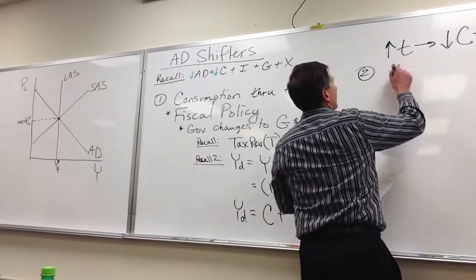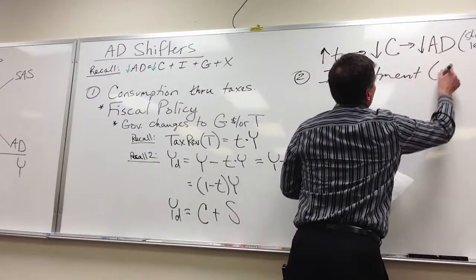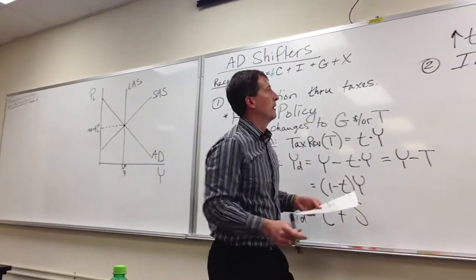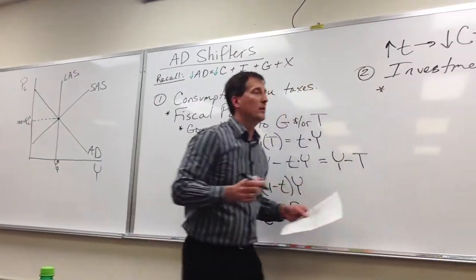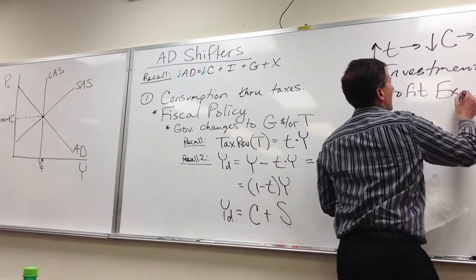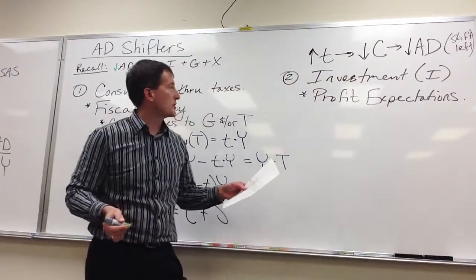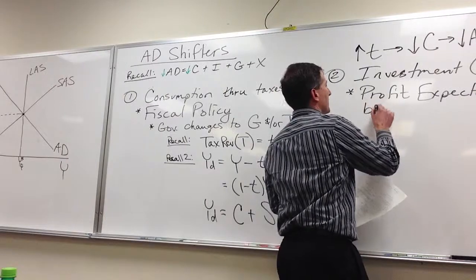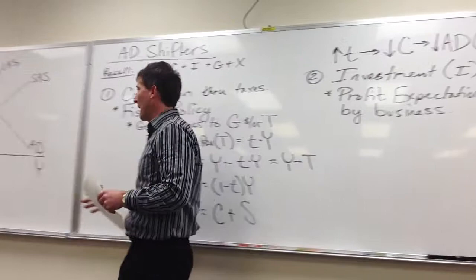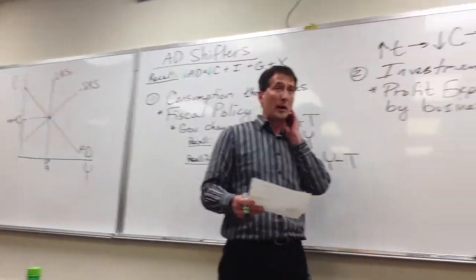We've got investment is next on our cigarette list. The key variable that we have for investment is profit expectations. Of course, if we're talking about profits, we're talking about profit expectations by business. Remember, we set the stage that businesses are the ones doing the majority of borrowing.